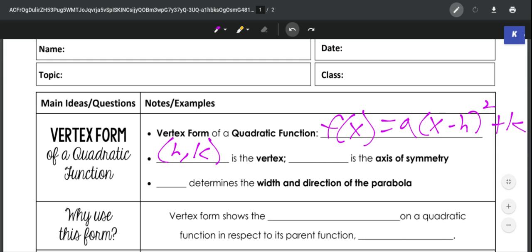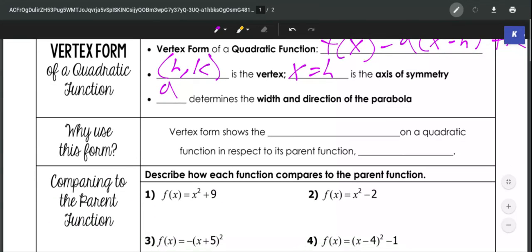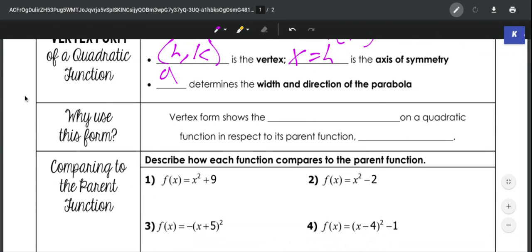And that's the vertex, and then that vertex tells us that our axis of symmetry is x equals h. So whatever our vertex x coordinate is, that's what our axis of symmetry is, and vice versa. And a will tell us the width and direction of the parabola. The reason we use this form is because it shows the vertex of the quadratic function with respect to its parent function.